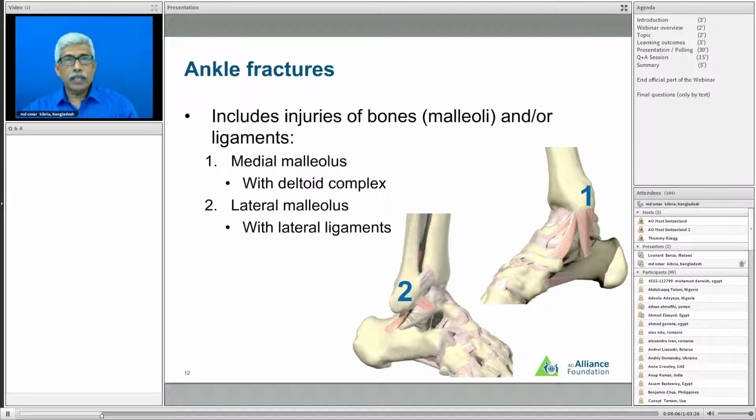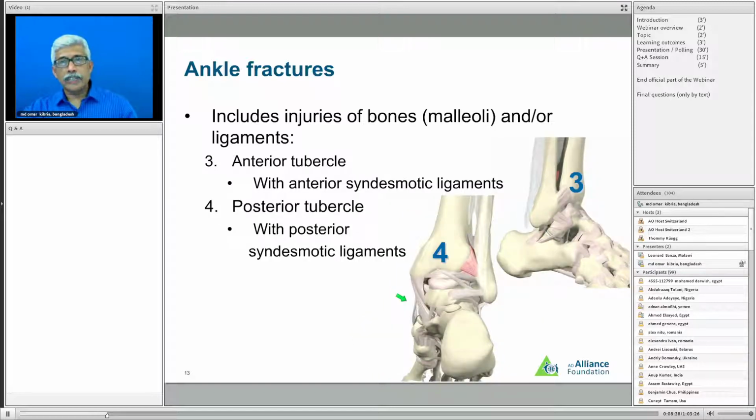Like the medial malleolus with the deltoid complex, as you can see, number 1. If this area is fractured, we call it medial malleolus fracture or rupture of the medial ligaments. As you can see, number 2, the lateral malleolus is fractured with the lateral ligaments, like the anterior talofibular ligament, calcaneofibular ligament or posterior talofibular ligament, and the talus may be fractured.